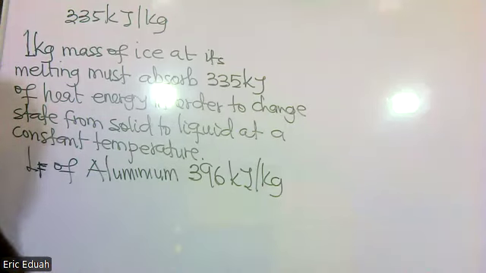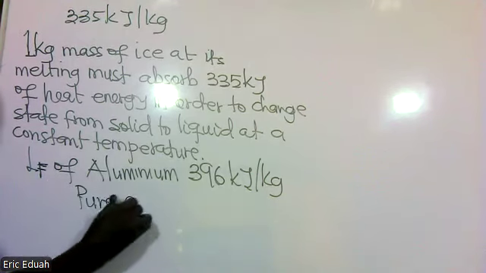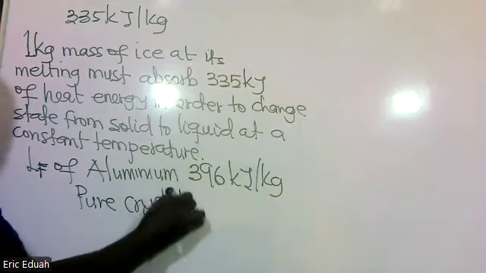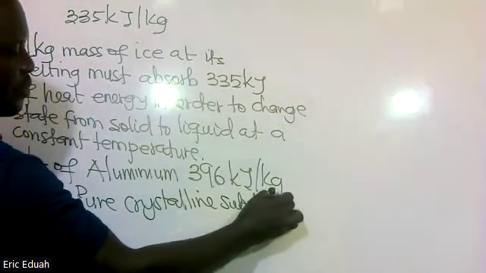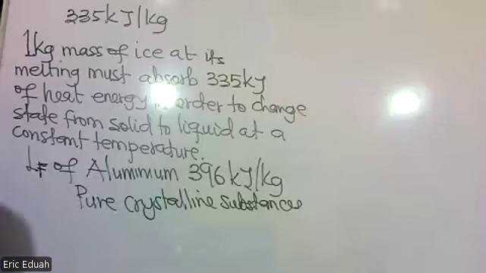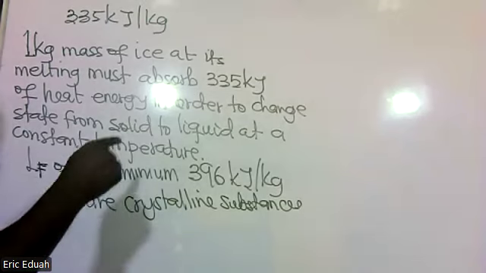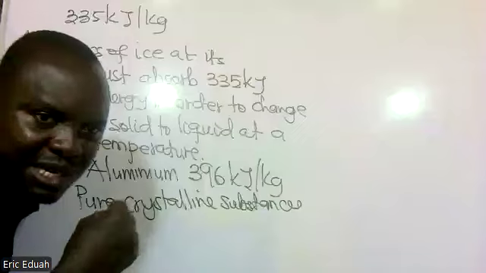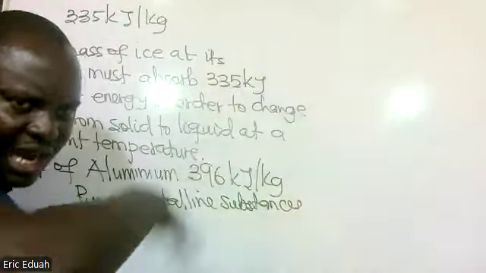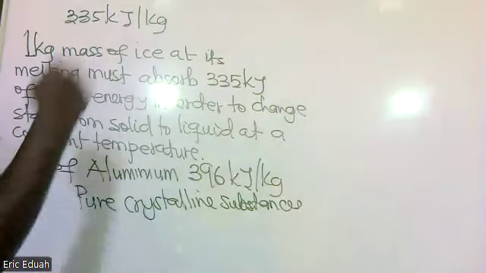Now for pure crystalline substances or materials, the quantity of heat energy that must be absorbed in order to change from solid to liquid, the same amount of heat energy must be liberated or evolved, given out, in order to change from liquid back to solid.